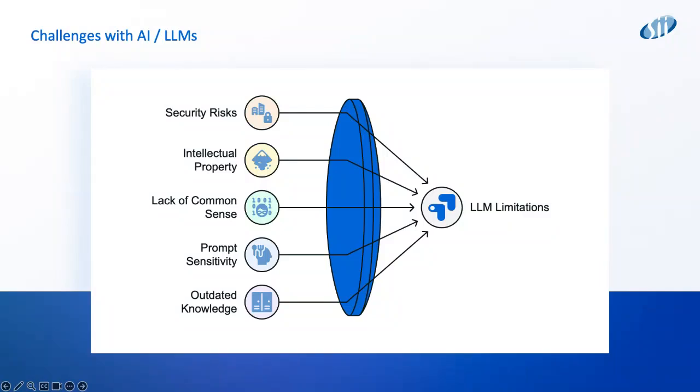Another potential threat is intellectual property, because we can find examples when LLMs use someone's designs. So it can also be a problem with the code, because we see that these tools have access to different code.